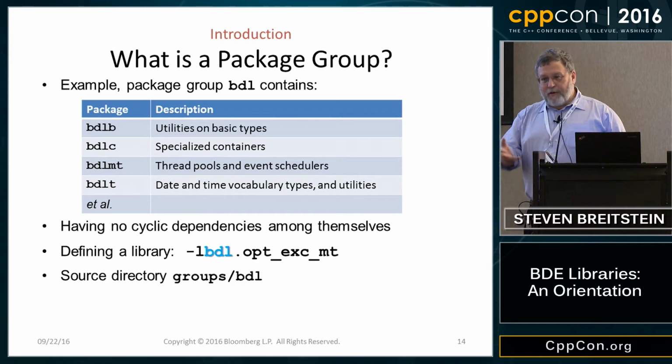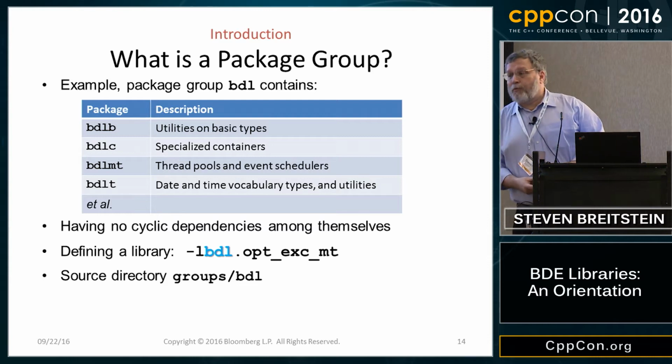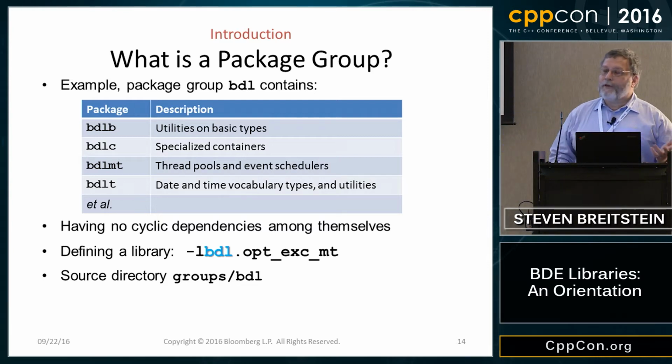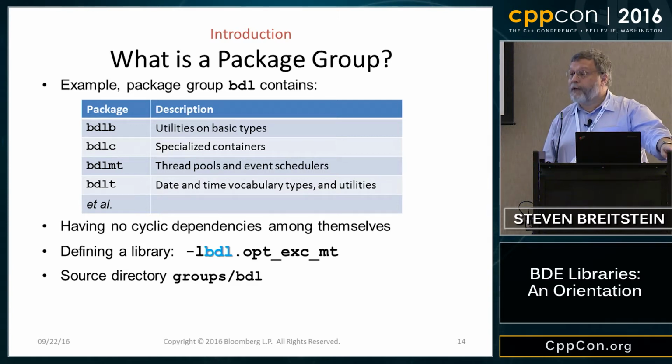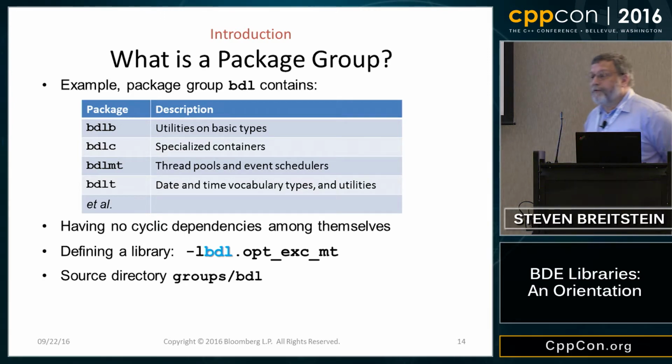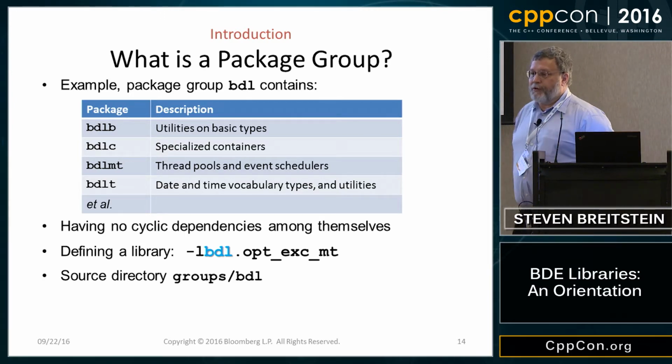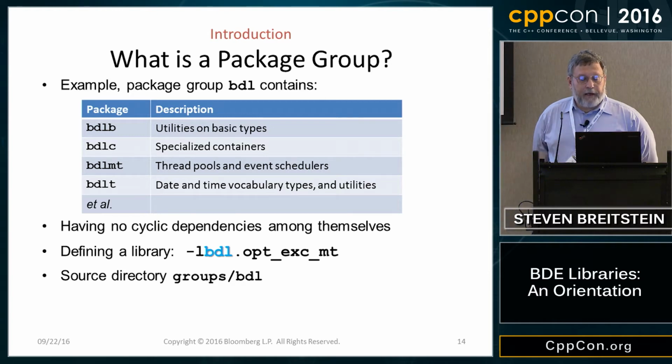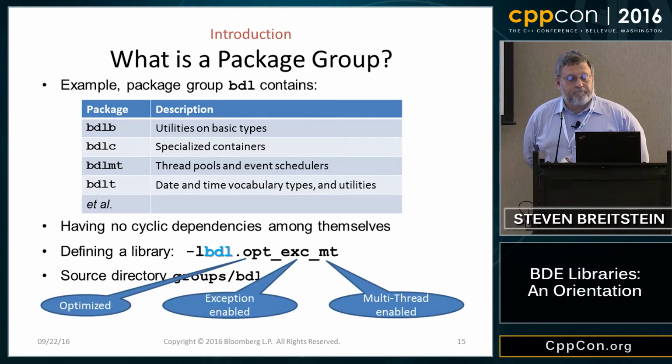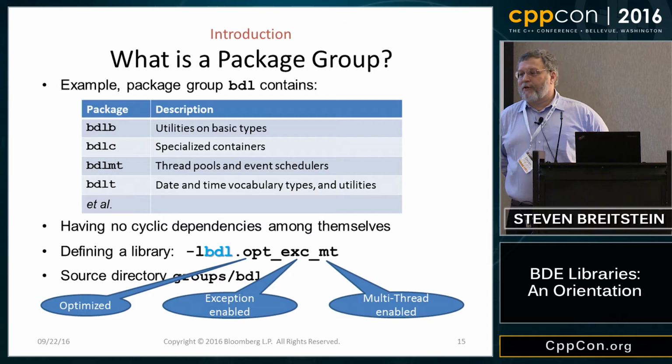You have to know what its dependencies will be. You'll have to know where it's going to fit into the overall software hierarchy so that you know how to name it. Again, no cyclic dependencies among any of the packages. These define a library. So this is something you'll see on your link line. And in case you're wondering, that's what the suffixes stand for.